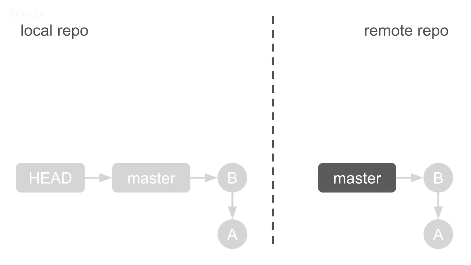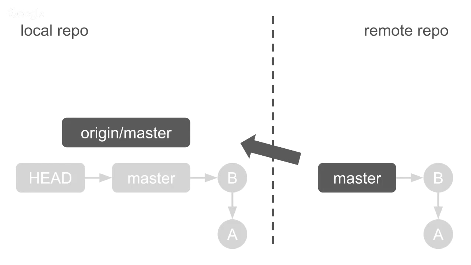So actually, when doing git push, Git also creates on our local repo the origin/master reference. This rectangle with origin/master represents the information that we have on our computer's disk locally, that there is an origin/master branch.